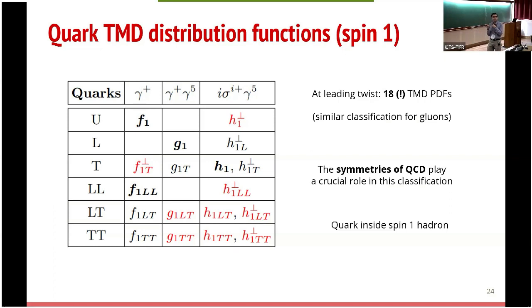I know that some of you have worked on calculations of these distributions for a rho, which is a spin 1 particle, but it's difficult to use a rho as a target in a scattering process. So it would be ideal to get information for the deuteron, for example. The color code is the same, so all the red ones are T-odd.